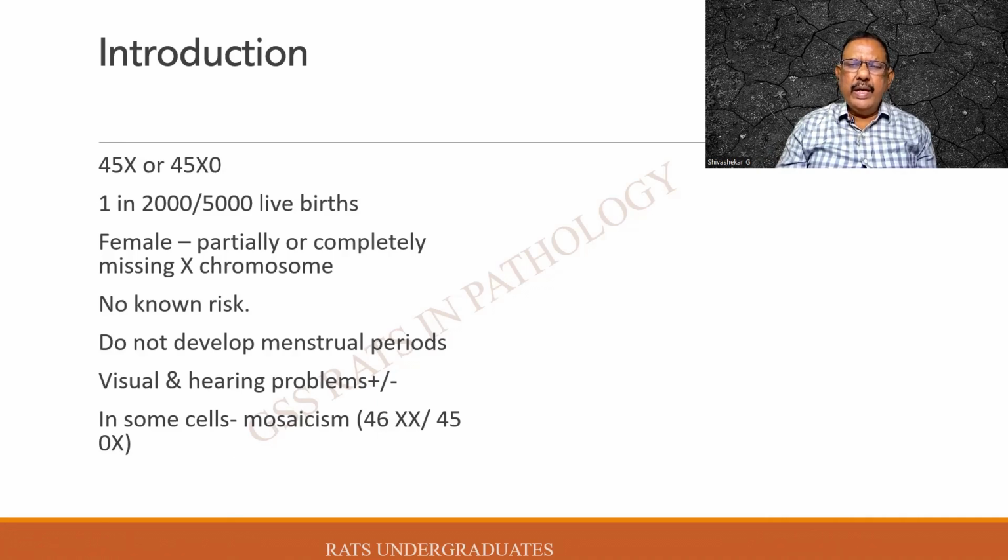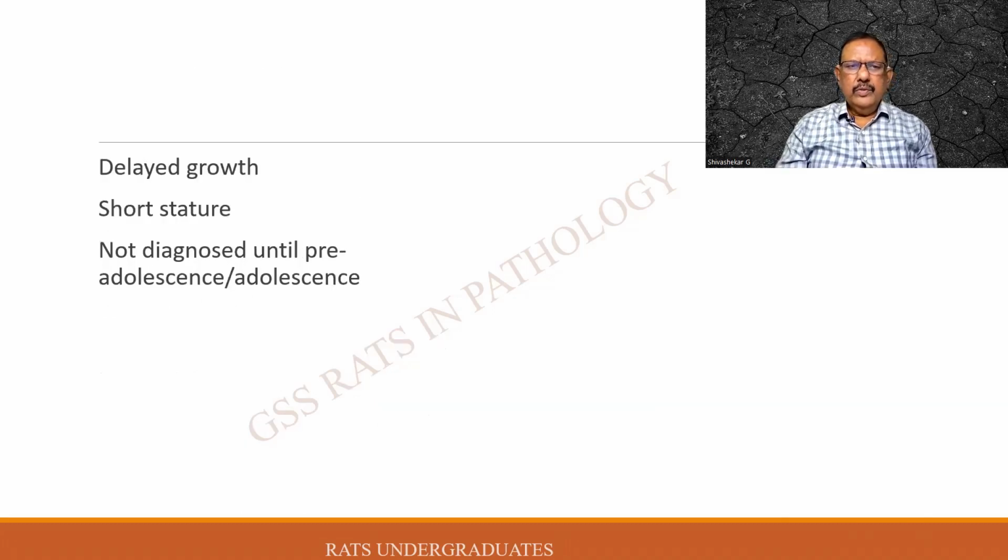Some of the cells will have the normal chromosomes, 46XX, whereas others will have 45X0. These are the common presentations: delayed growth, short stature, and it is generally not diagnosed until adolescence or pre-adolescence.